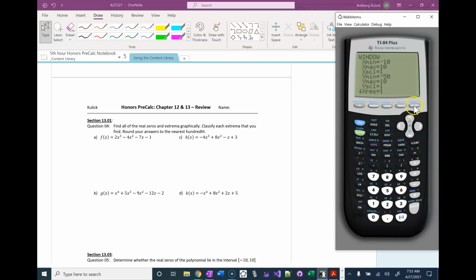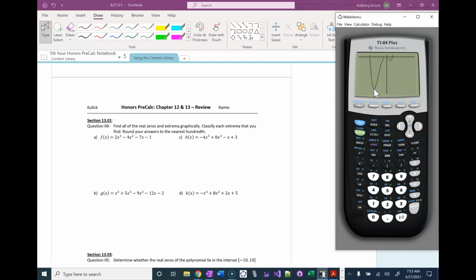I'll take a stab at negative 50. It was not enough. So maybe negative 200. That captured it.